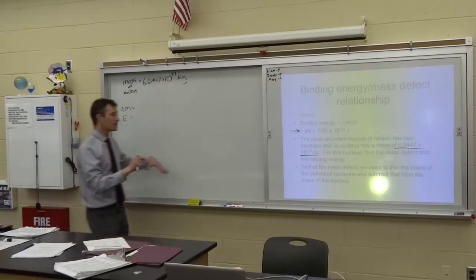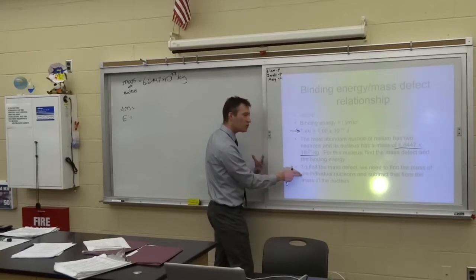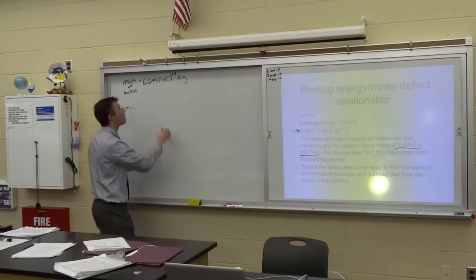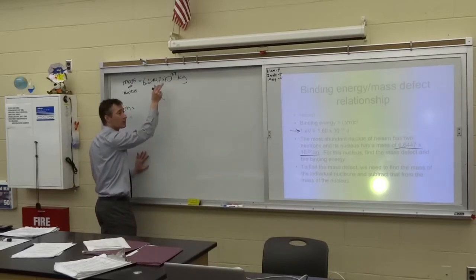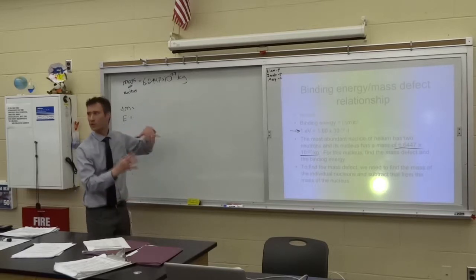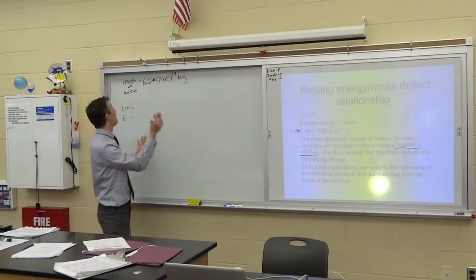And my next step, to find the mass defect, we need to find the mass of the individual nucleons, the 2 protons, 2 neutrons, and then subtract that from the mass of the assembled nucleus. Or actually, I guess we'd be subtracting the mass of the assembled nucleus from the mass of the individual nucleons, whatever, we're finding that difference.